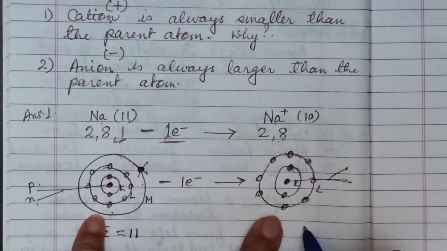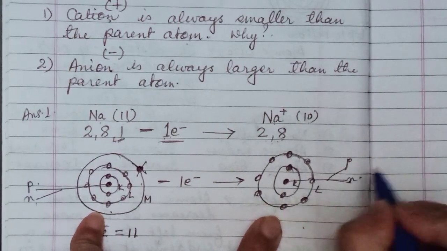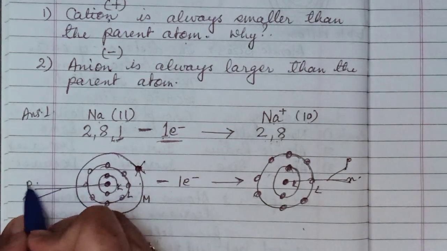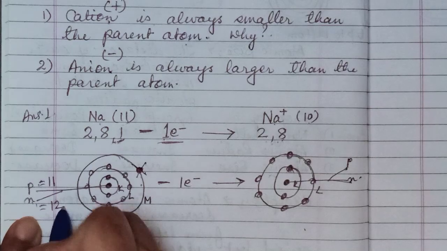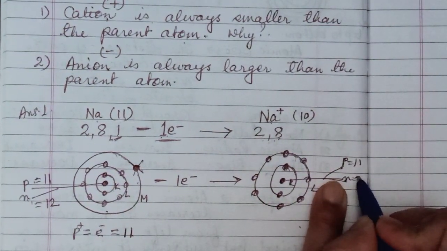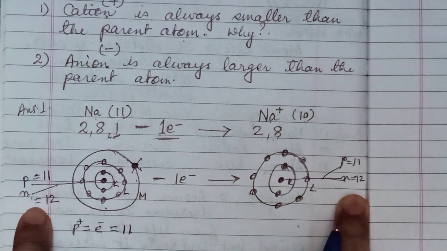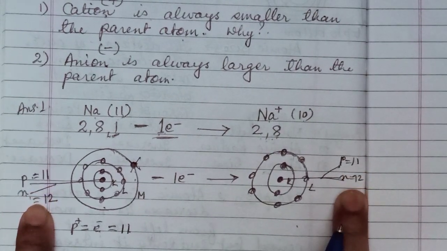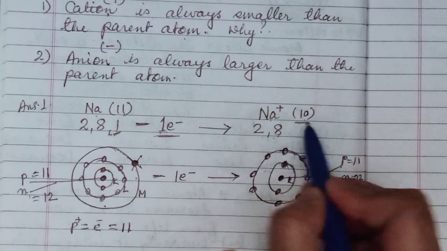It may be a positive or a negative ion. Here the number of protons is 11, number of neutrons is 12. Here also the number of protons will be 11, number of neutrons will be 12. So you can see there is no change in the number of protons and neutrons. Only the number of electrons changes.